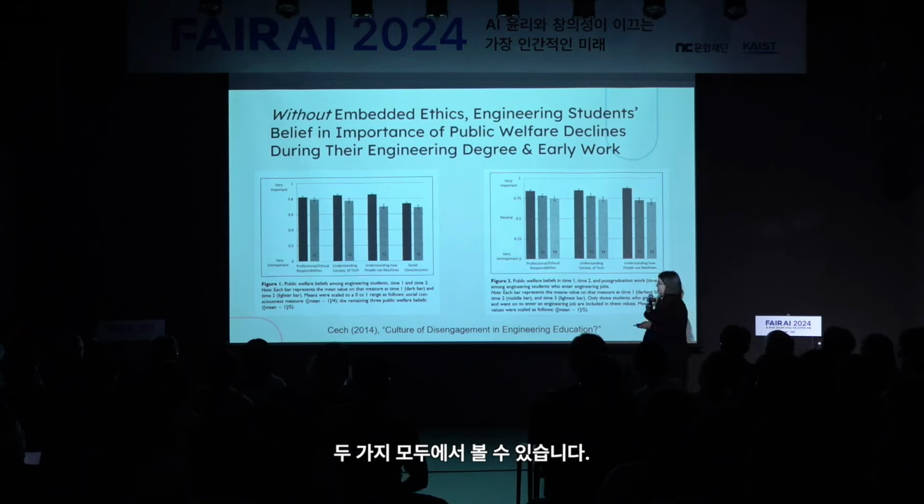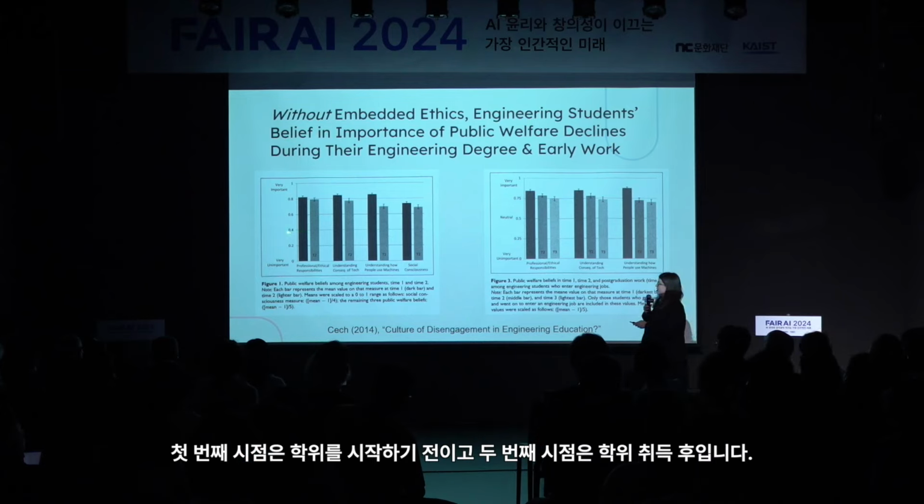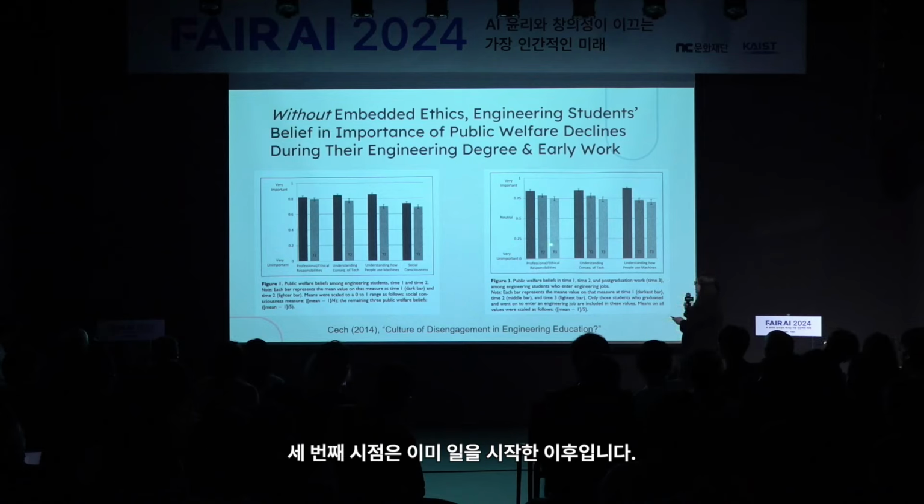And you see this in both time 1 and time 2. Time 1 is before they start their degree, time 2 is after, and time 3 is after they've already started working.